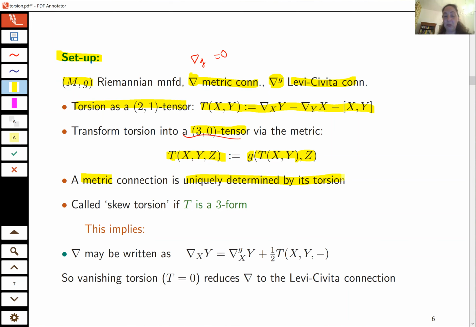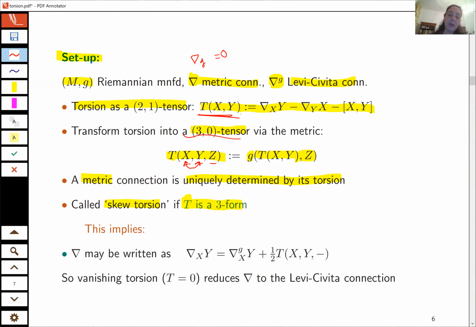We call it a skew torsion or skew symmetric torsion if this torsion is a three form, which does make sense here, right? Because I have three arguments in my torsion, x, y, z. Now it's clear that T is antisymmetric with respect to x and y, because this is inherited by the (2,1) torsion tensor I started with.